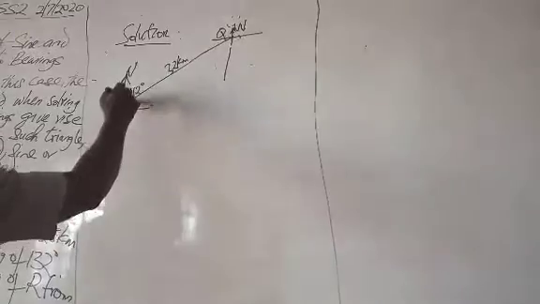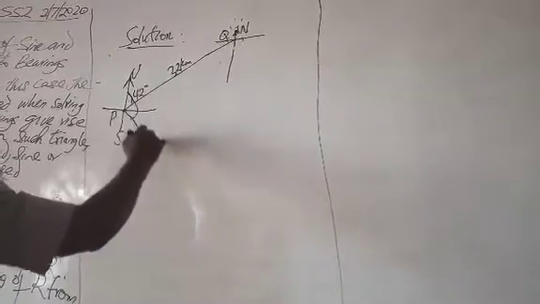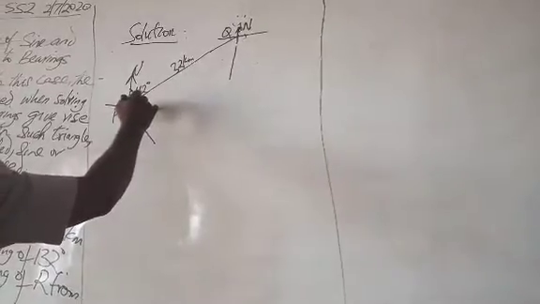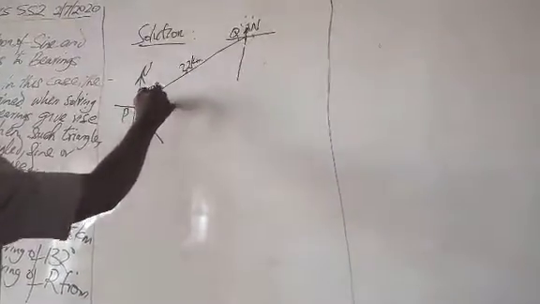R is from P, which is the same P. So instead of locating at Q, we go back to P and estimate 132. From here to here is 90, so if you subtract 42 from 90, that will give you 48.